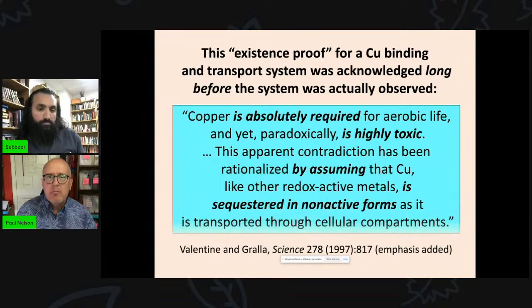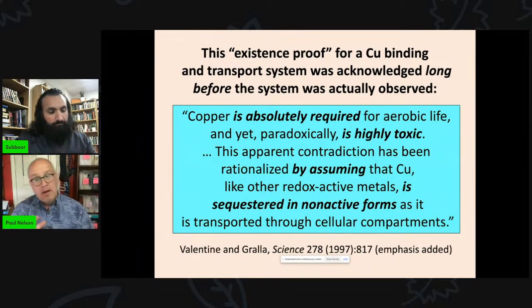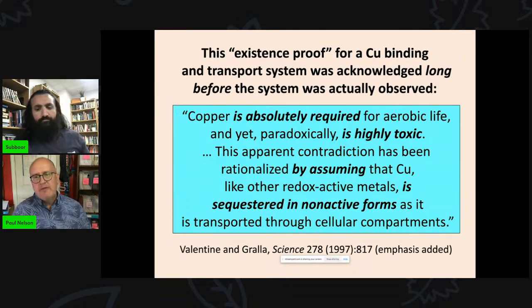Now, what's interesting about this, what I'm going to call an existence proof for a copper binding and transport system, is that this was known long before the system was actually observed. So in this article in Science from 1997, the authors say, what do we know about copper? What we did know was you needed it for aerobic life because of its role as a metal ion cofactor in many important enzymes.